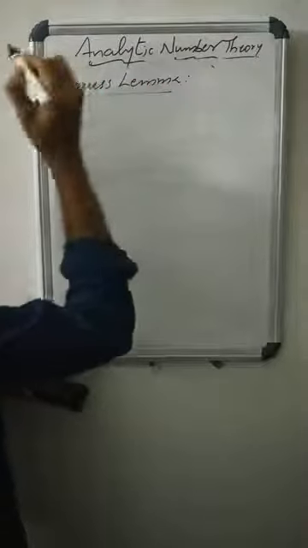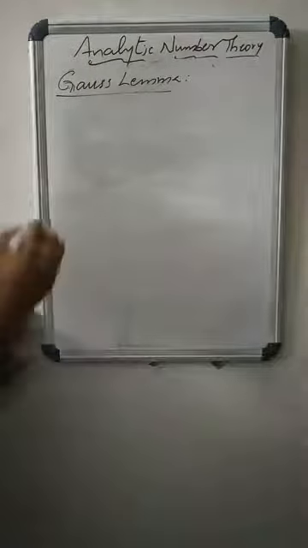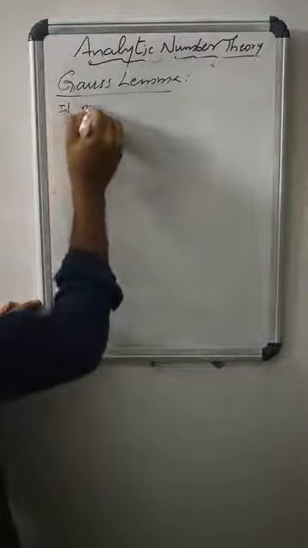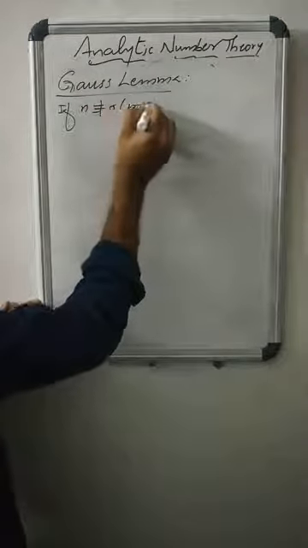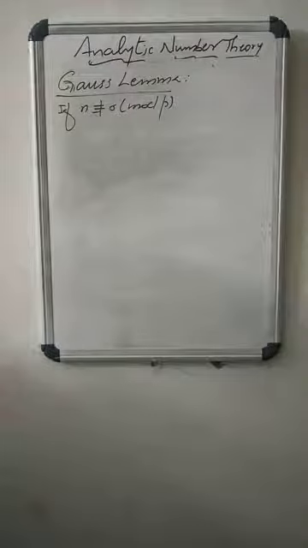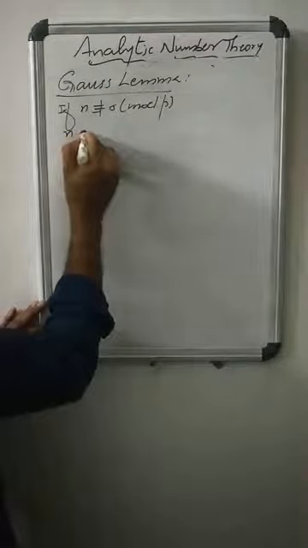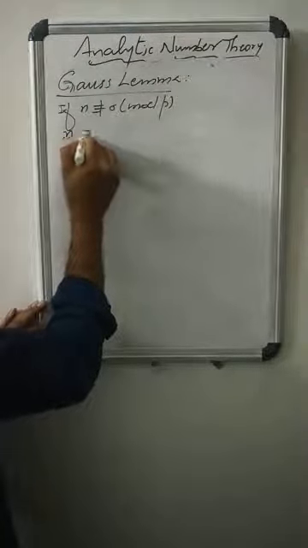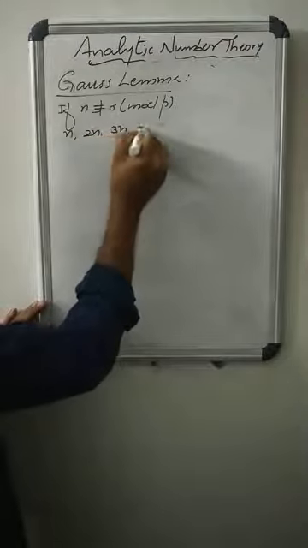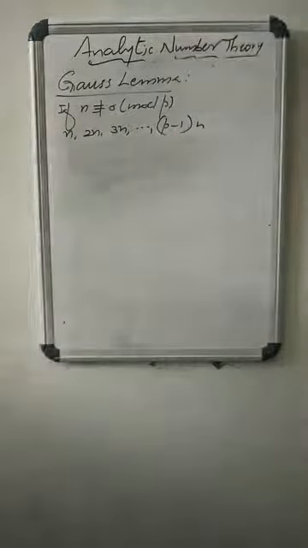The statement is: if n is not congruent to 0 mod p, consider the least positive residues mod p of the p - 1 multiples of n, that is n, 2n, 3n, up to (p - 1)n.